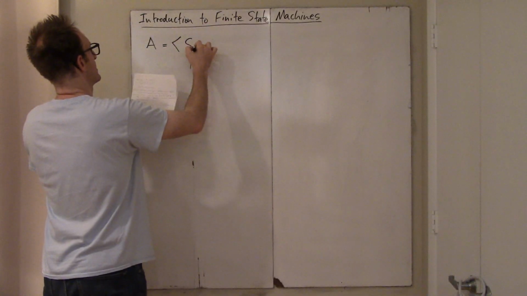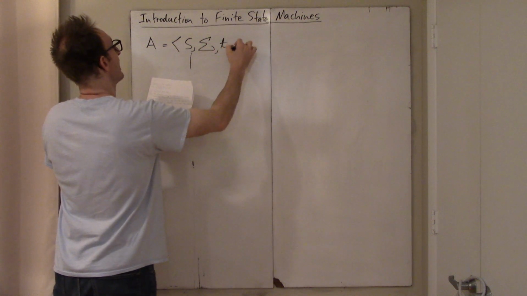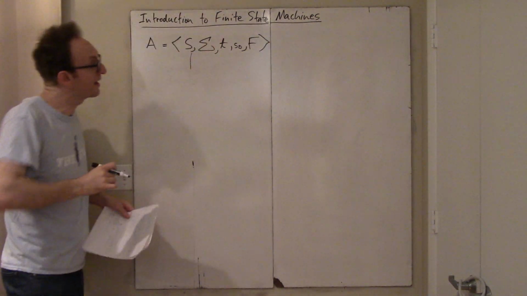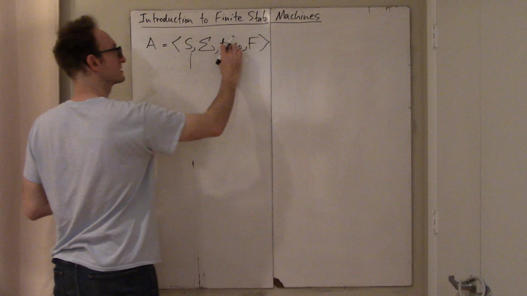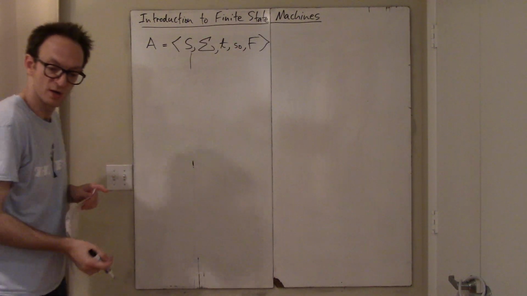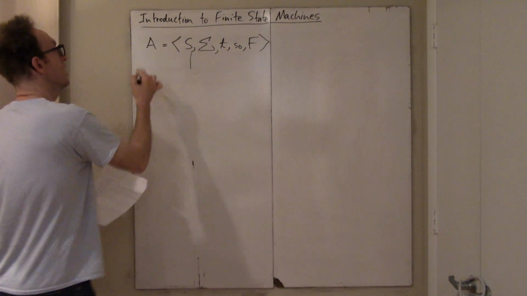It consists of S, sigma, T, S naught, and F. If you have completely specified these 5 mathematical objects, then you have completely specified your finite automaton.